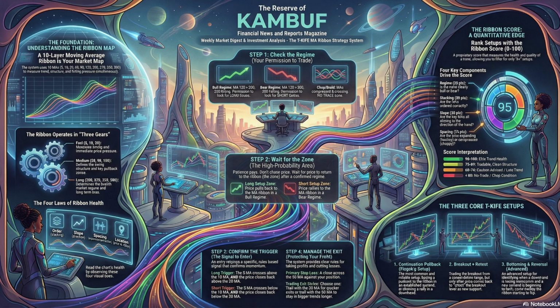Right. Let's break down the logic behind that calculation. We have to focus on why they divide by the close price. That's the crucial part. It's for normalization. Okay. If we just measured the absolute dollar difference between the 20 and 50, a $5 difference means nothing for a $500 stock, but it's extreme compression for a $10 stock. Right. By taking that absolute difference and dividing it by the current closing price, the system measures the ribbon compression as a percentage of the current asset price.